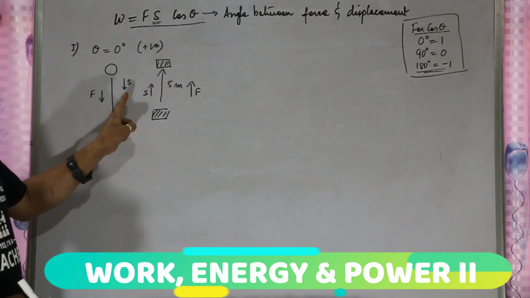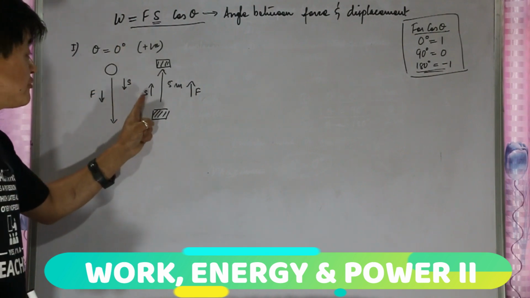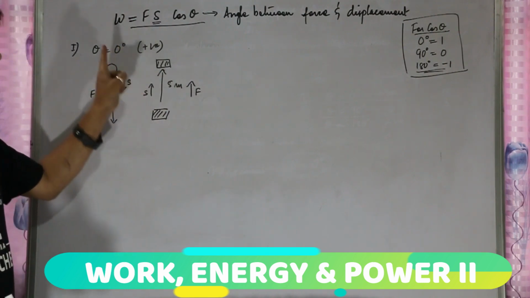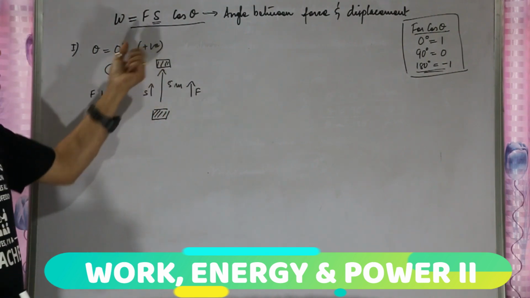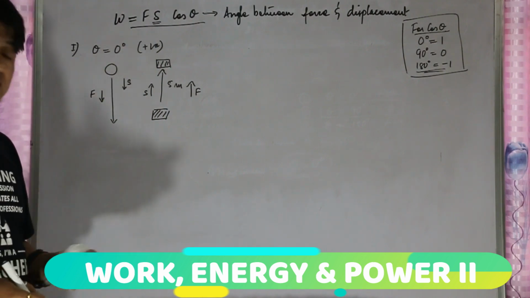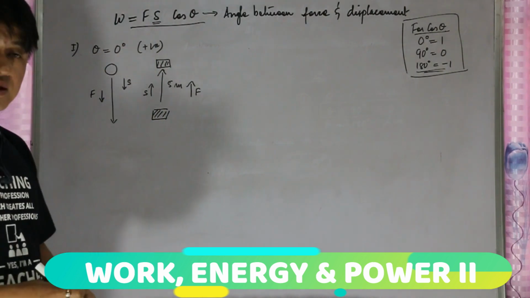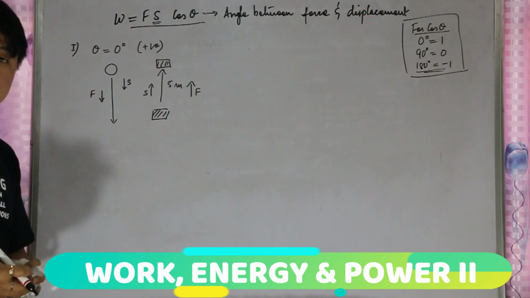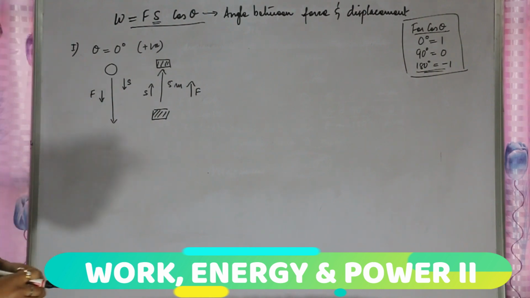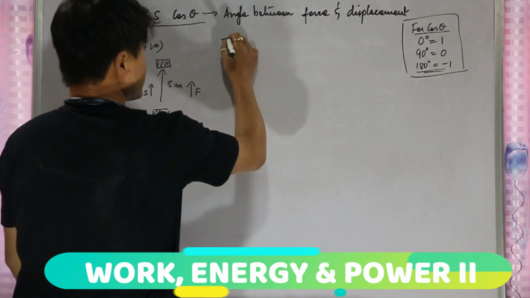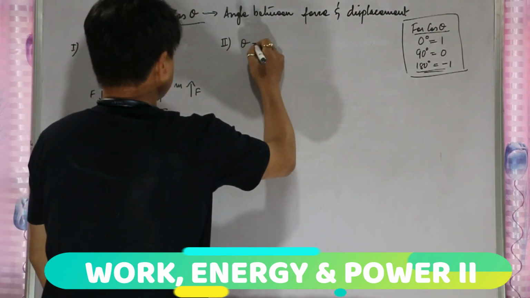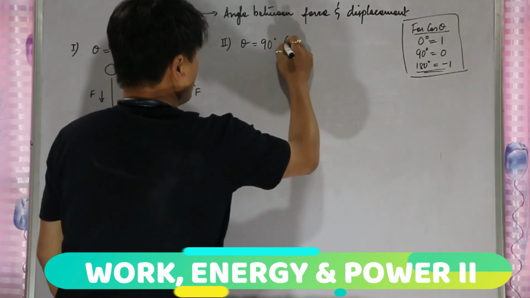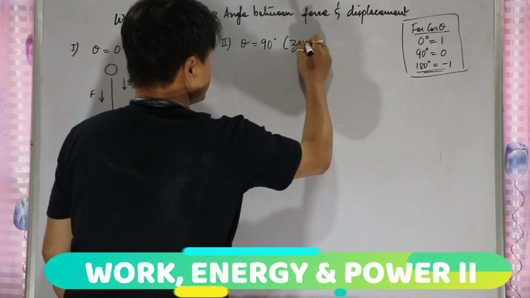Here also the angle between the force and the displacement is 0 degrees, so the work done is again positive. These are the examples of positive work done. And the second case is when theta is equal to 90 degrees, work done will be 0.